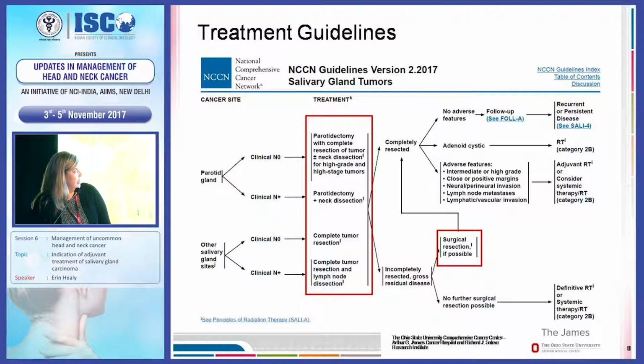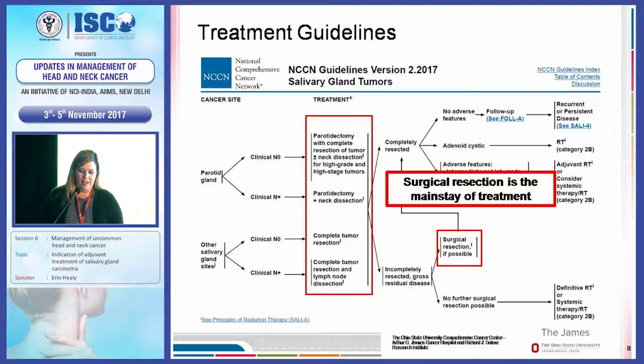This is the basic NCCN guidelines for the treatment of salivary gland tumors. I'm not going to go into surgical details. I'm a radiation oncology resident, but basically, you can see here that surgical resection, when possible, is the mainstay of treatment. And even when a tumor is resected, if it recurs, surgery remains the mainstay of treatment.